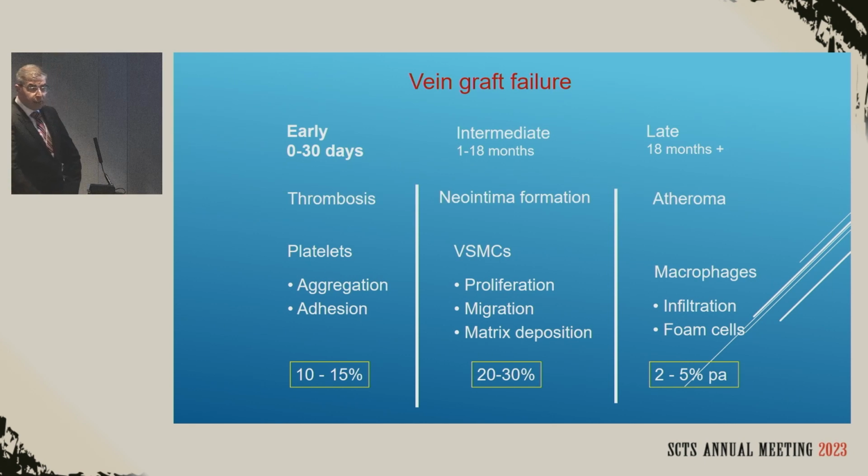And this has been clearly described that vein graft failure occurs early in 10 to 15% in the first 30 days, mid in 20 to 30% of cases due to neointimal formation, and later on there is macrophage infiltration and atheroma rupture.